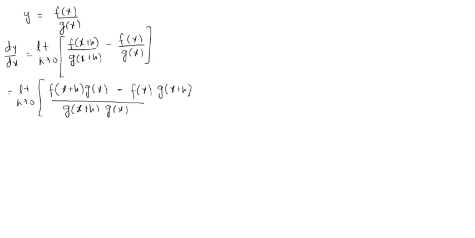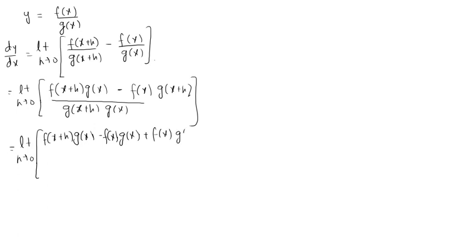Now what I can do, I can add and subtract f(x) g(x) in the numerator. So limit h tending towards 0. What I am doing here is f(x+h) g(x) minus f(x) g(x) plus f(x) g(x) minus f(x) into g(x+h), divided by g(x+h) into g(x).